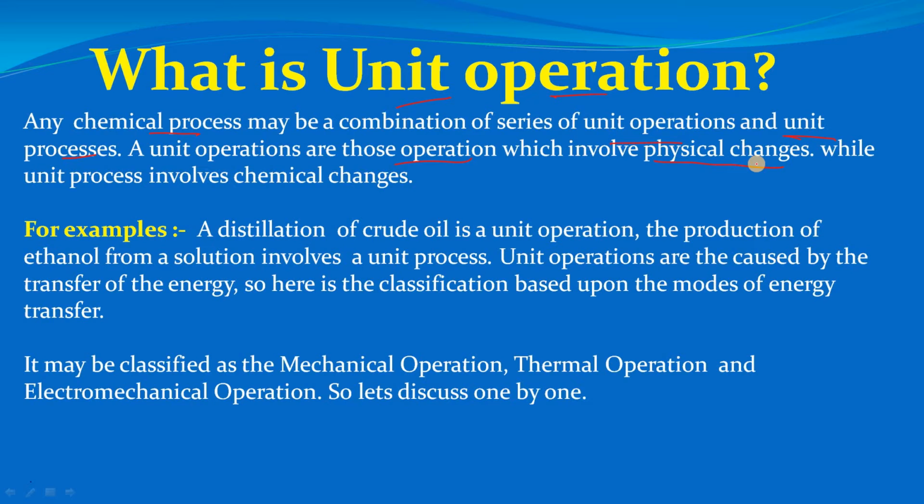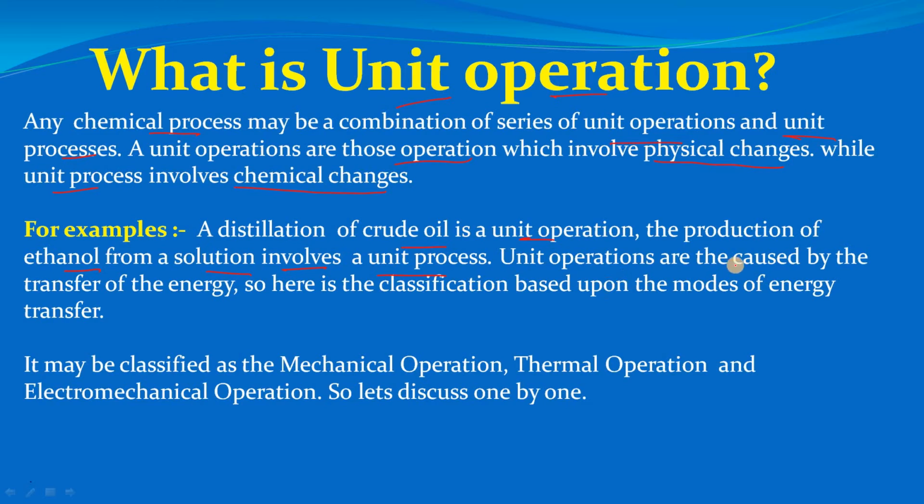This is a physical change where you will not see any chemical reaction, while unit process involves chemical changes. For example, any reaction involves unit process, for example combustion, right? So a distillation of crude oil is an example of unit operation. The production of ethanol from a solution involves unit process. So this is an example of unit operation and unit process.